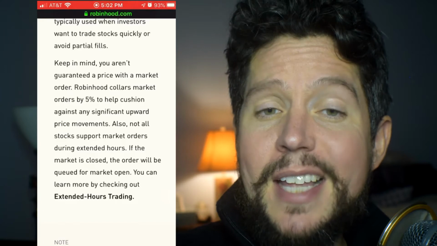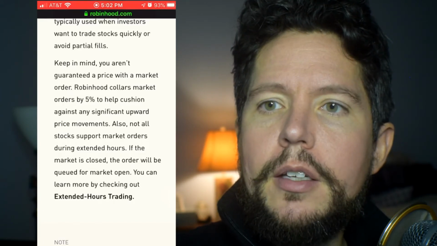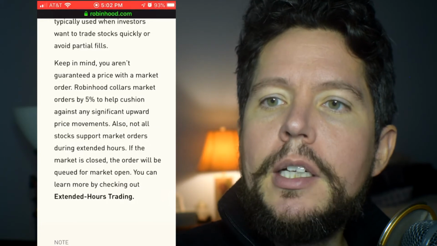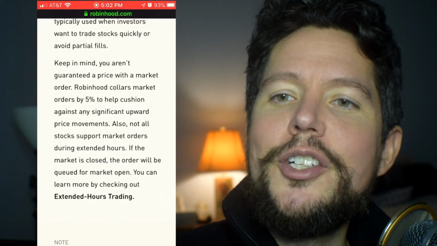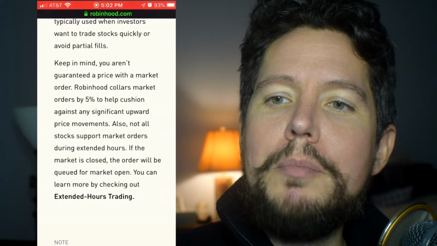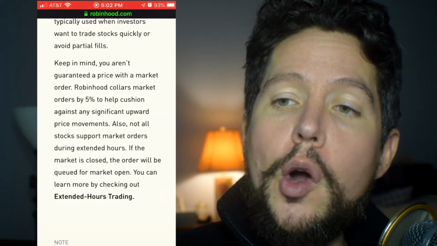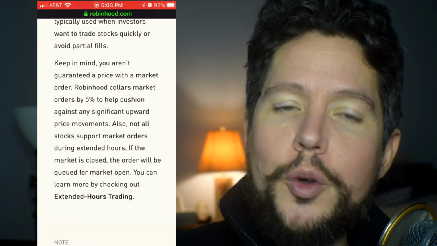Okay. That's important when it comes to buying, right? Is that if you're trying to buy it on the cheap. Also, not all stocks support market orders during extended hours. If the market is closed, the order will be queued for market open. You can learn more by checking out extended hours trading.